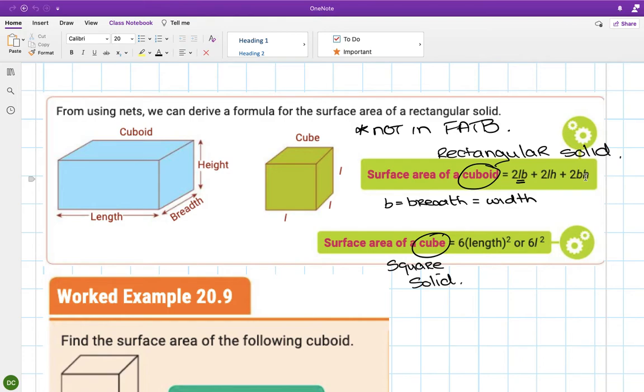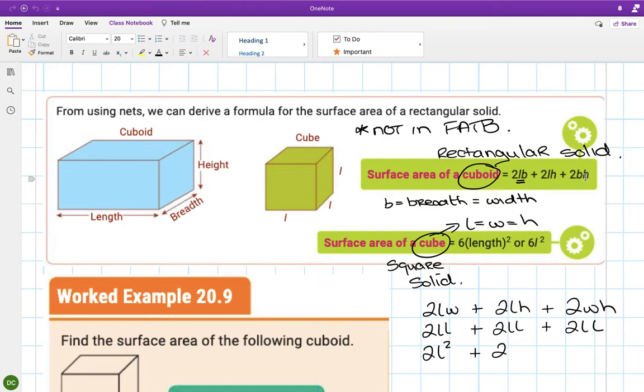if I start with the same formula from up here, so 2 length by width plus 2 length by height plus 2 width by height, but recognizing that in a cube, the length equals the width equals the height, then this basically becomes 2LL plus 2LL plus 2L times L. L times L is L squared, 2L squared plus 2L squared, and that becomes 6L squared.